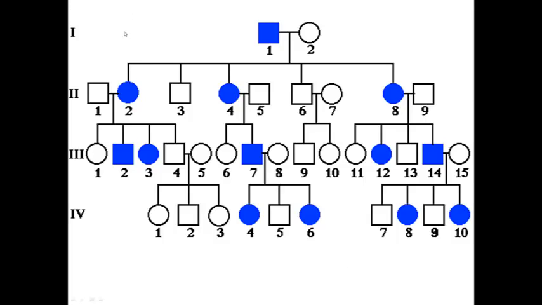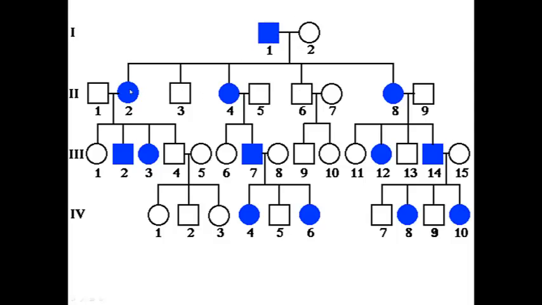So here's another pedigree analysis. Again, this shows a dominant condition. The male is affected. The female gives X chromosomes to her sons. None of her sons are affected. She's not affected.